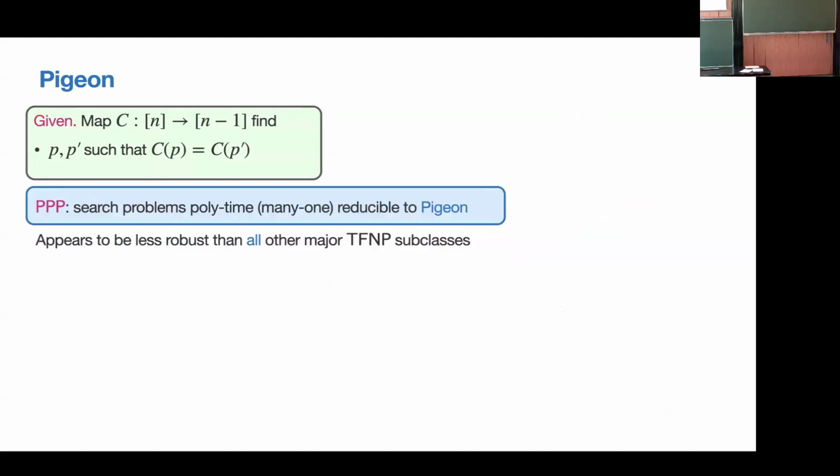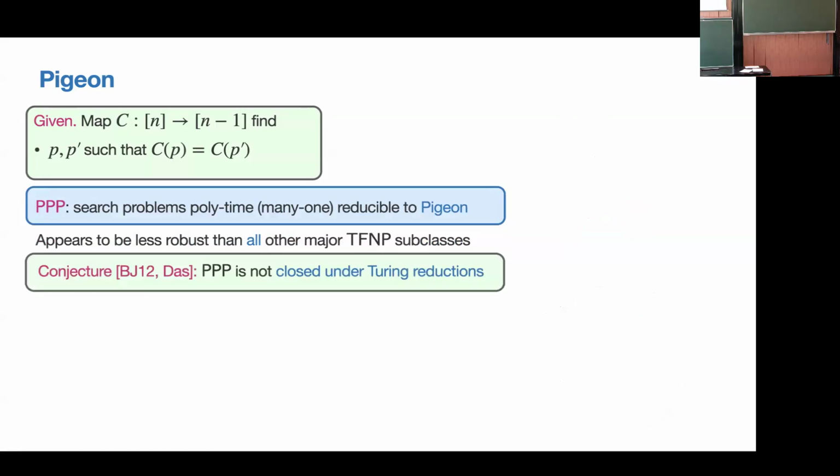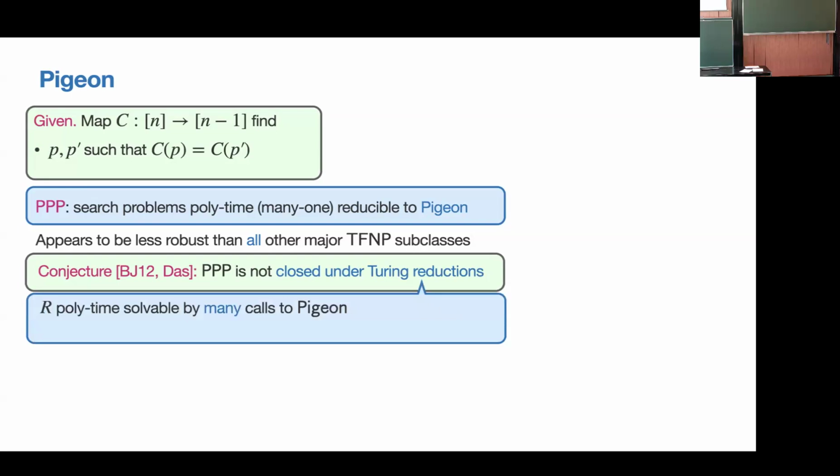Unlike all of the other major TFNP classes that we've looked at, PPP appears to be a lot less robust. In particular, Buss and Johnson and also Daskalakis conjectured that PPP is not closed under Turing reductions. What does it mean to be closed under Turing reductions?